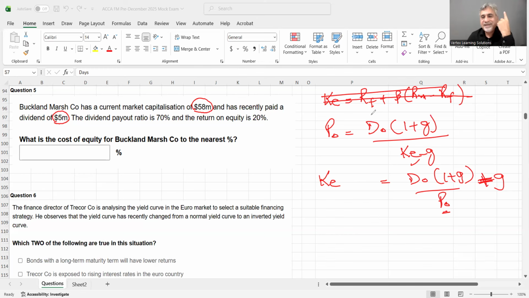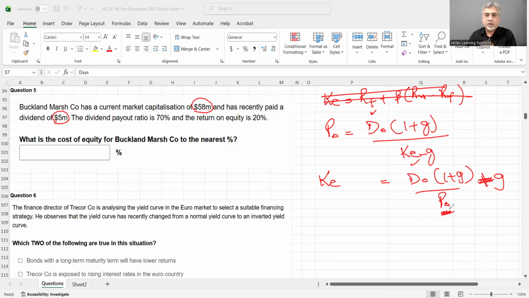If you put D for dividend on 1 share and P naught, the price of 1 share, this is one way. The second way is that you put the total dividend of the company and the total value of the company, so value of all the shares and value of all the dividend. So I'm going to use this.